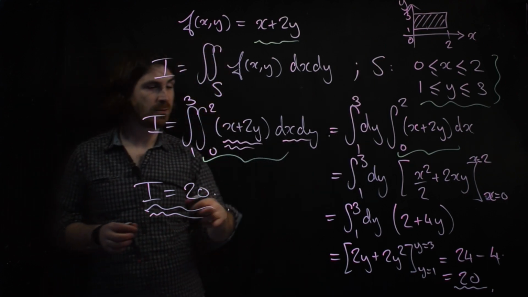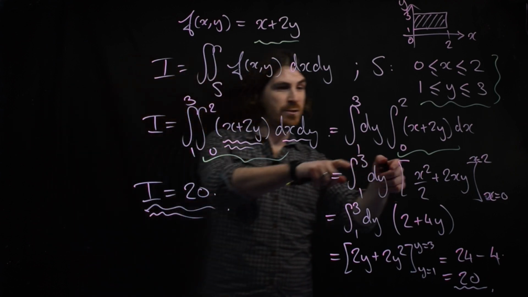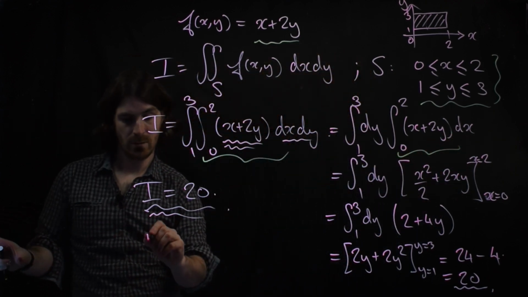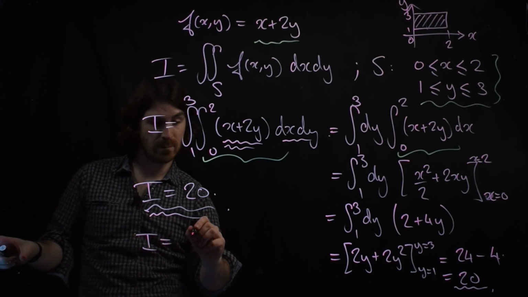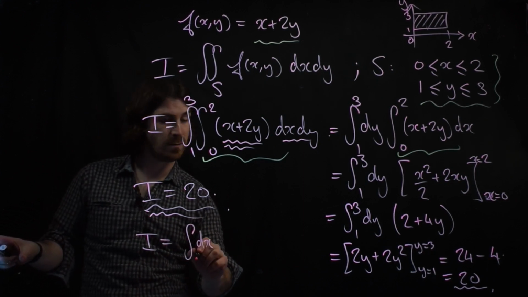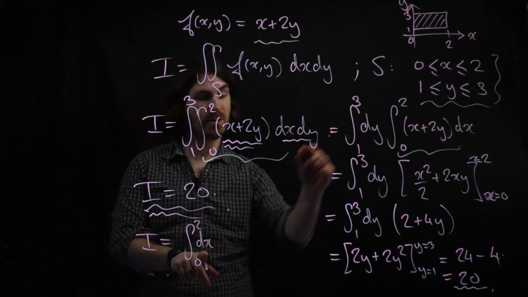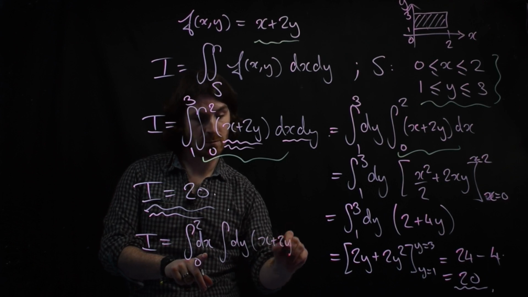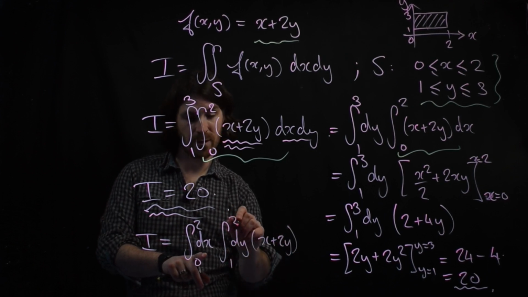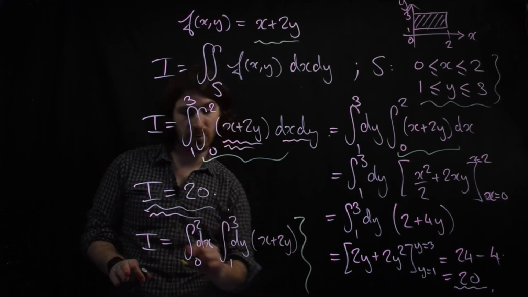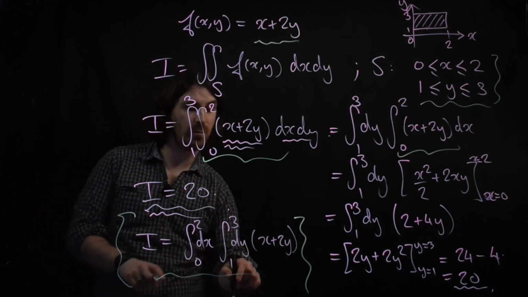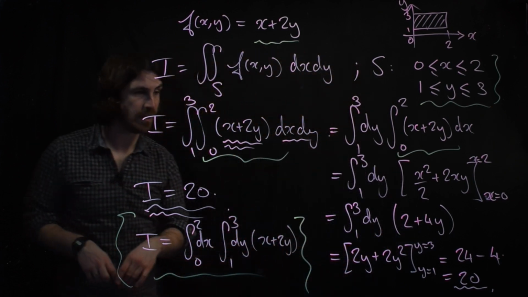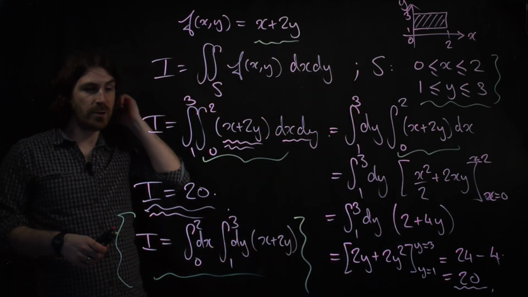And yes, you can check that rather than doing the integral of dx first and then dy, you do the dy integral first of the function between 1 and 3, with dx between 0 and 2. You can check for yourselves that this integral will give you the same result. It's a couple of lines of work. Okay, so on to another example.